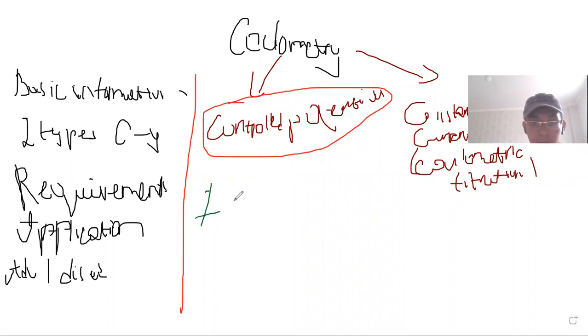Instrumentation. Let's start from the first one. Controlled potential coulometry consists of three parts.